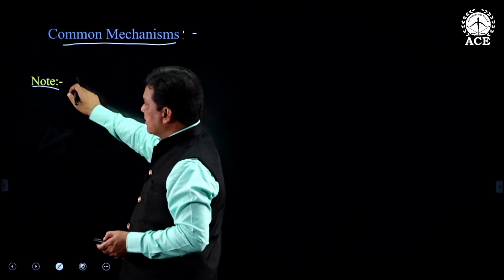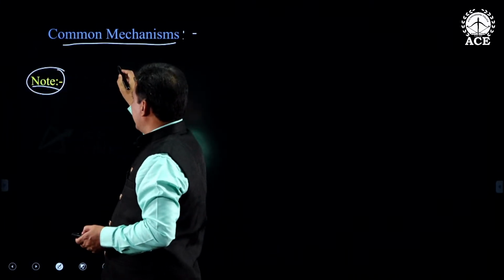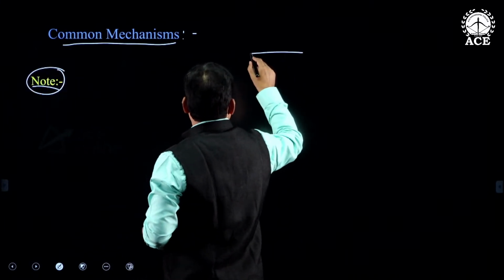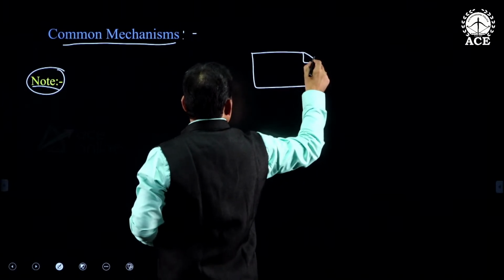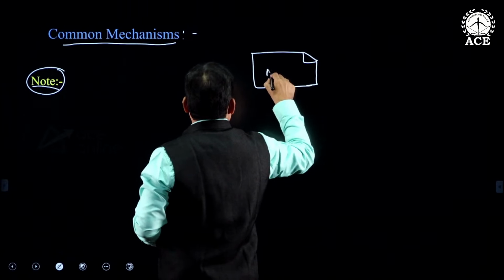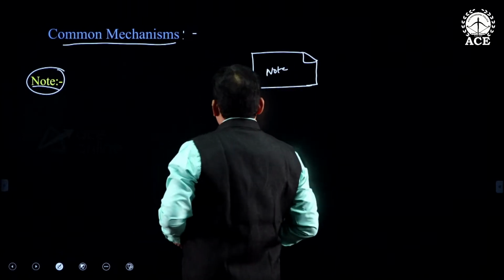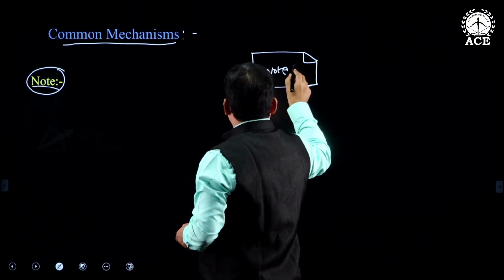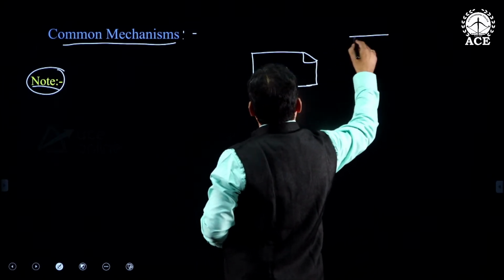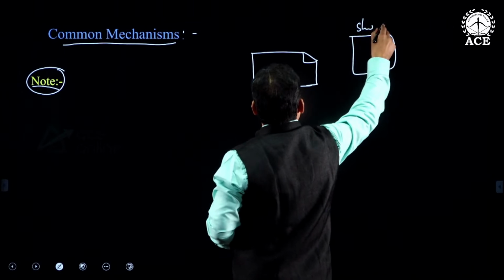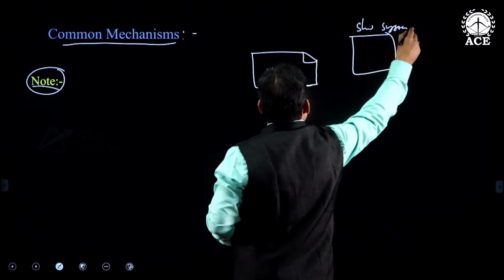Annotational things can be represented by using a note. What is the graphical representation of a note? This is the graphical representation of a note, right? What is the purpose of this note? If you want to give a comment about this particular software system model, this is the software system model, right?